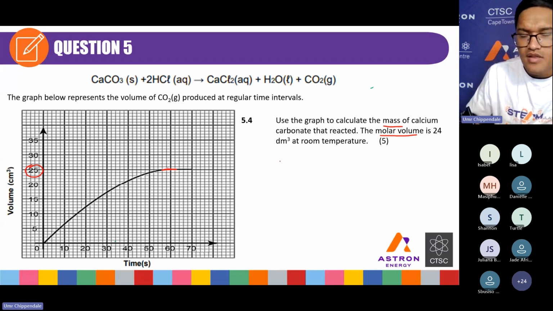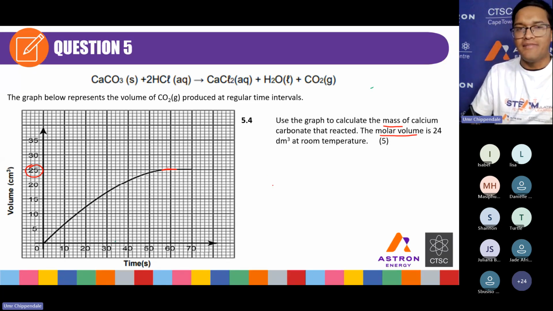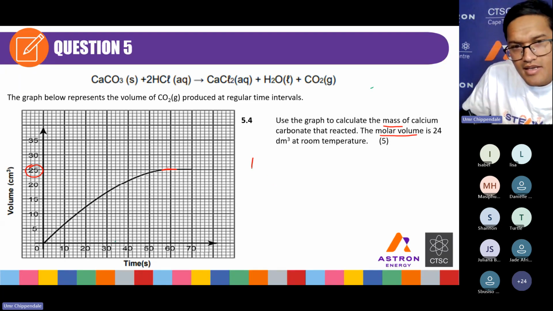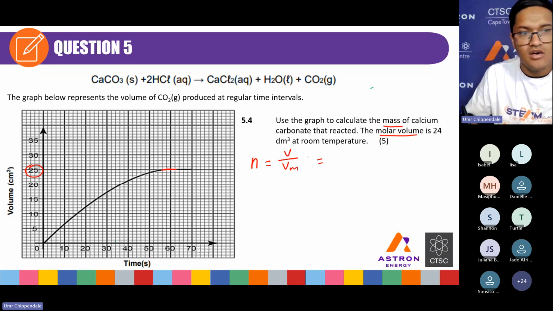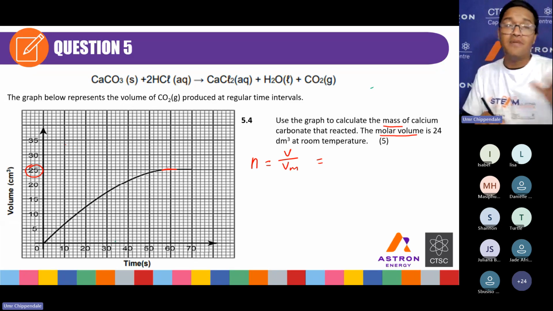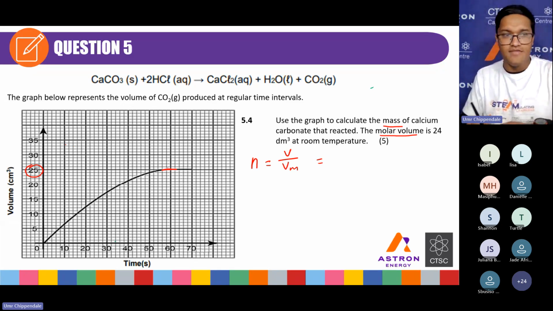Now we know whenever we're given the molar volume, that is your Vm. We can use this formula: number of moles is equal to your volume divided by your molar volume. And this now is going to equal, what was the volume of our calcium carbonate that reacted? Well, it was 25. But please do not just go and write 25.